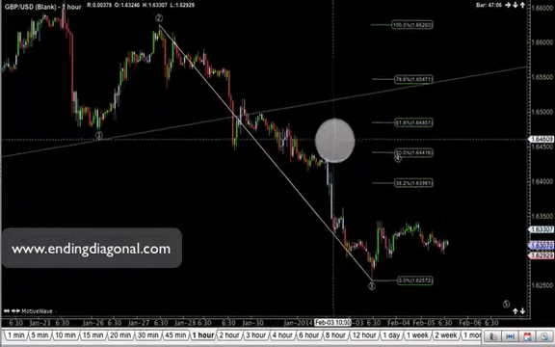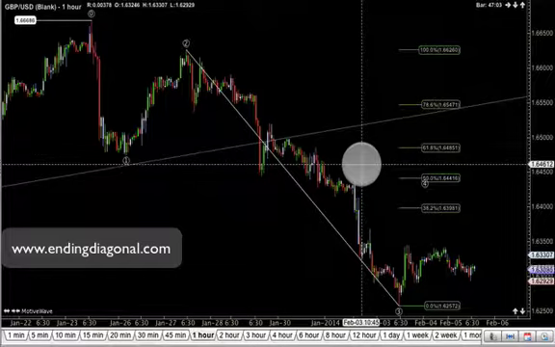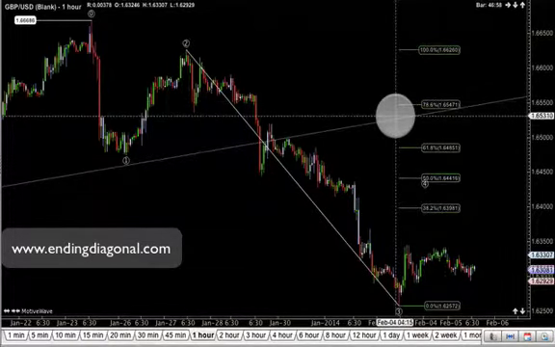So that's the trade setup that we see on the pound dollar for the 6th of February 2014.